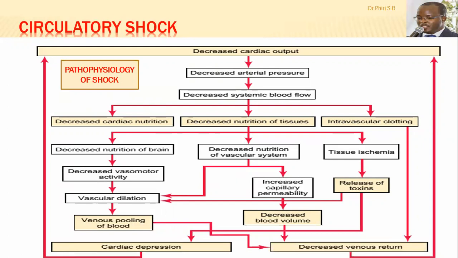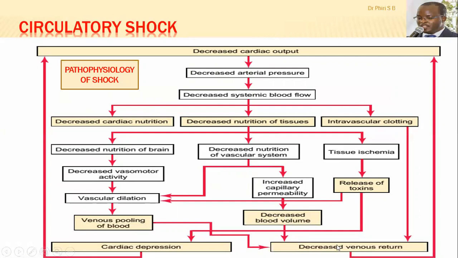So once you have these things taking place, it will result into decreased nutrition of the vascular system. That will result into increased capillary permeability because of the vasodilators. That will result into decreased blood volume.